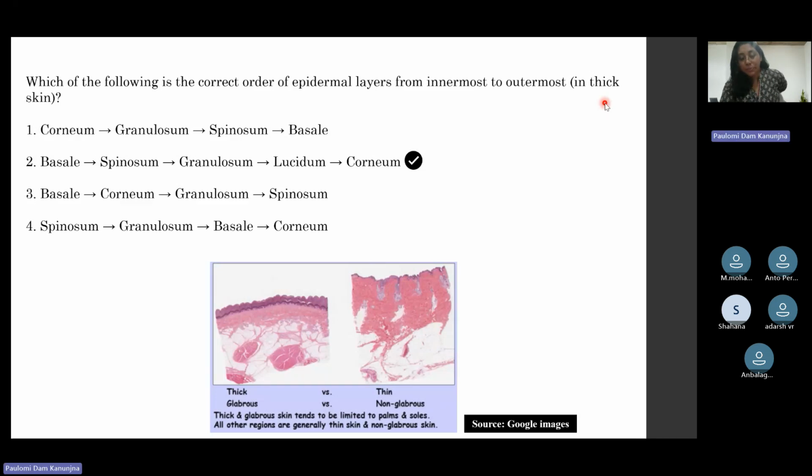What I told you is that the palms, basically this region, and the soles have thick skin. So can you imagine what this part of your skin would functionally be doing that is different from other parts? That should tell you why it is thick and why all the other skin is thin.